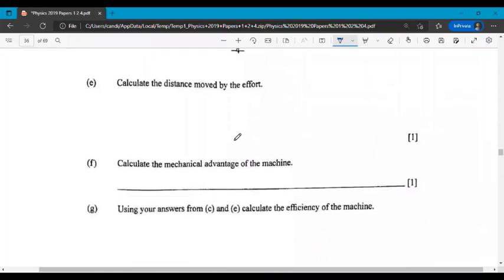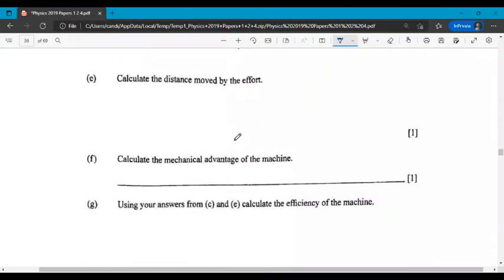Moving right along, calculate the distance moved by the effort. Okay, now there is a formula for this one. The distance moved by the effort is related to the velocity ratio and the distance moved by the load by this formula. Velocity ratio is the ratio of the distance moved by the effort to the distance moved by the load.